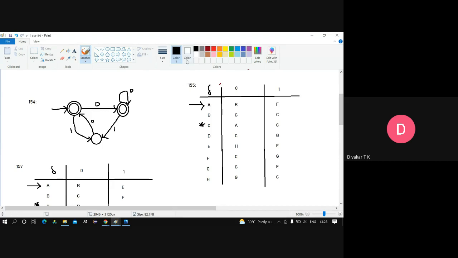In the 154 problem, I missed the state names here. So take them as A, B, C. In the examination you make it Q0, Q1, Q2 like that. Why did I give it mixed up here? Because in 99% of cases they will not ask like this.